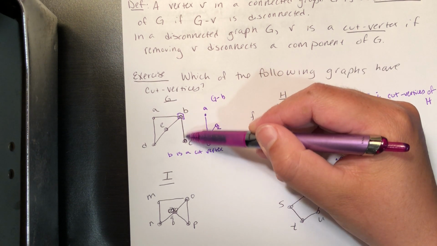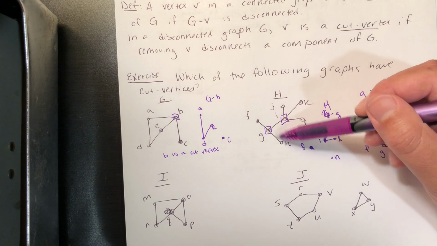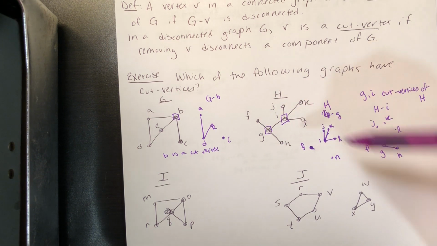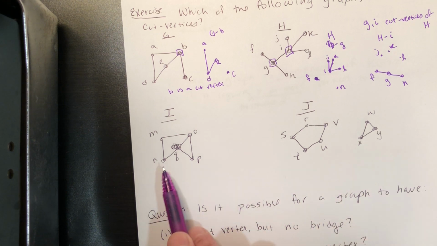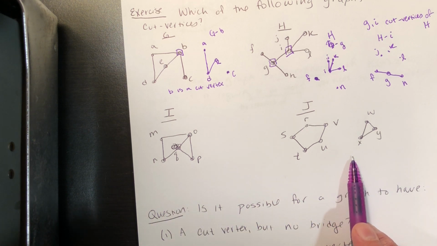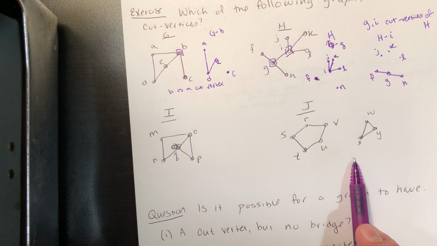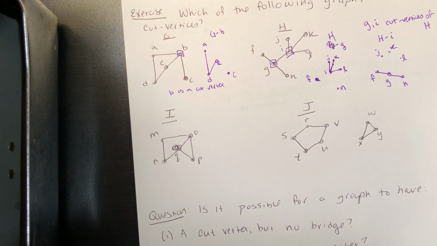So this would be a bridge of the original graph, and every single edge here is a bridge in the original graph H. But in these two examples, I and J, there were no cut vertices, and there were also no bridges because every edge is part of a cycle. And so it seems to suggest, just looking at these exercises, that maybe every graph with a cut vertex also has a bridge, or vice versa.